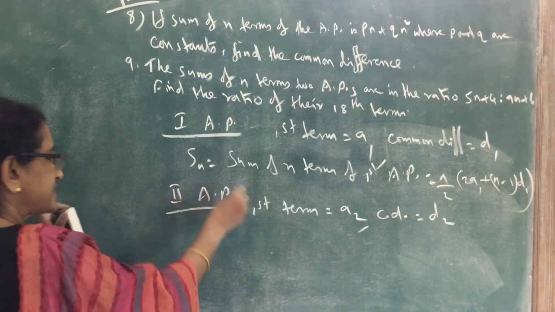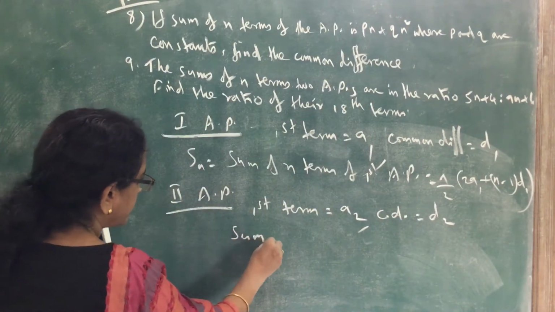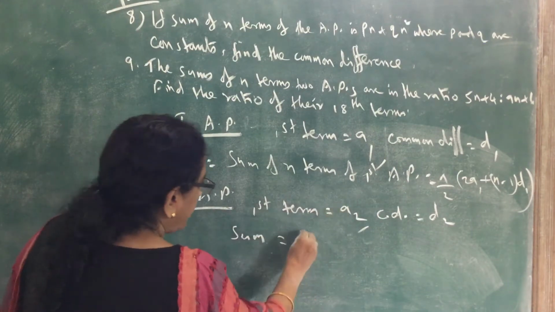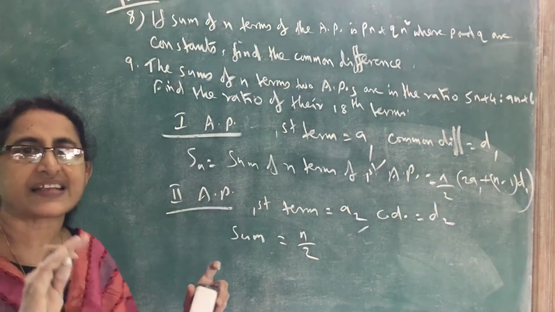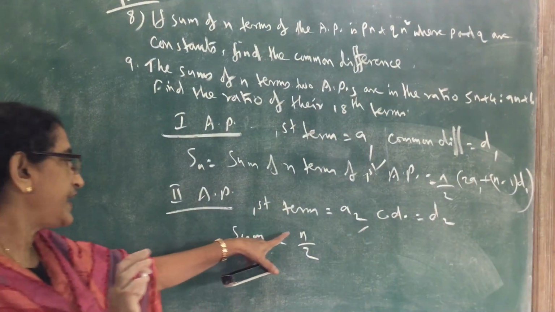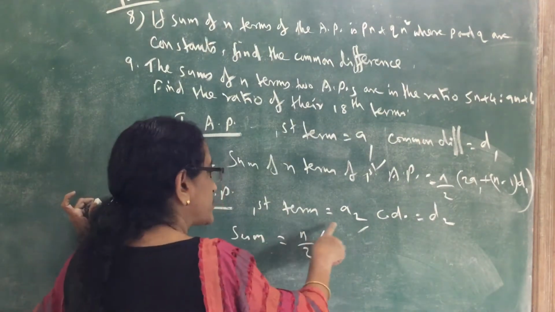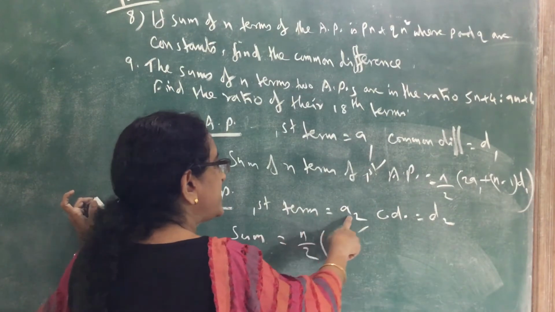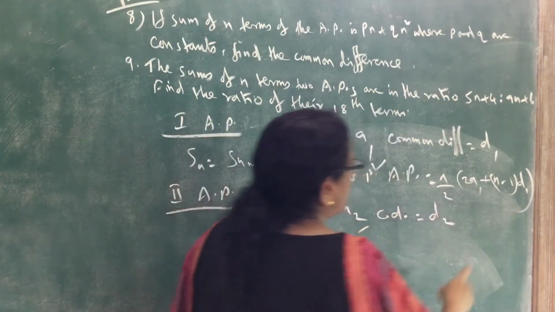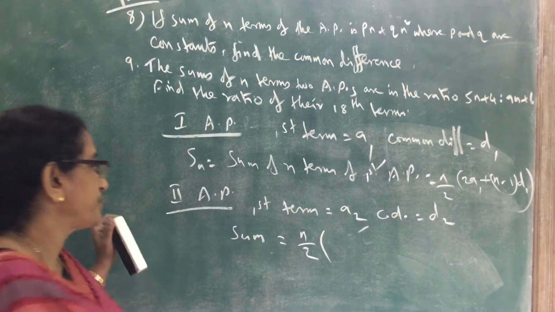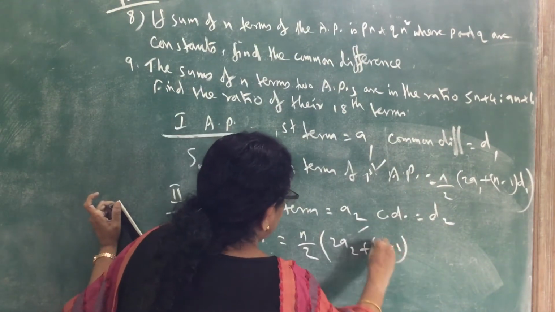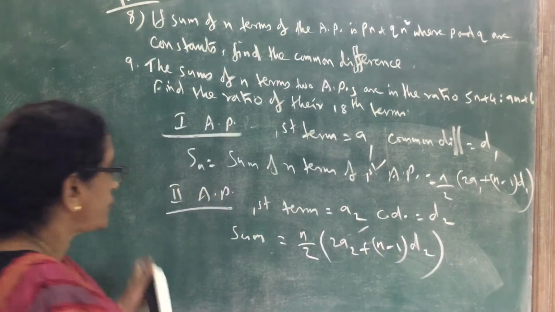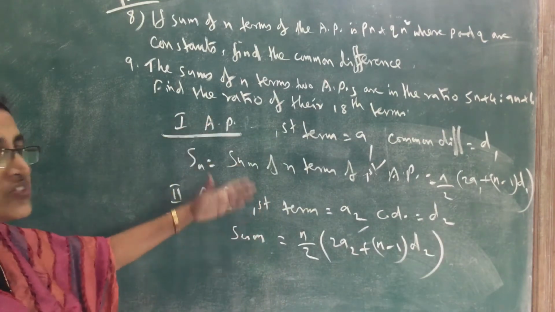Then the sum of n terms is n by 2 into, for the second AP, 2a2 plus (n minus 1) into d2. In the place of a1 and d1, we write a2 and d2. So we got the sum of n terms of both APs.